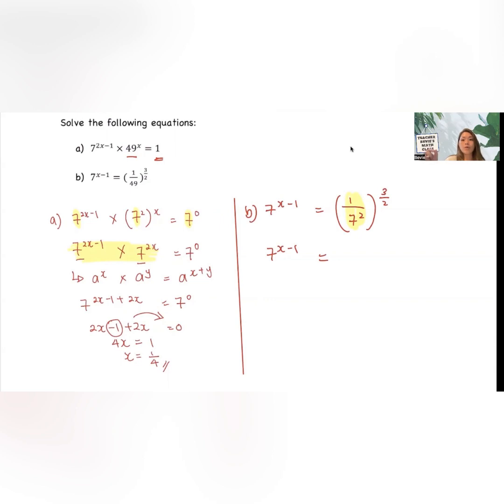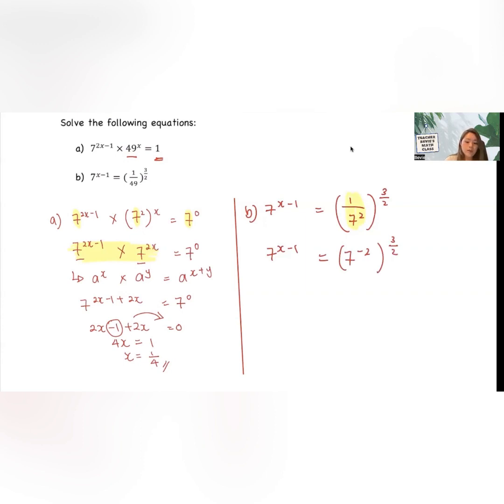Likewise, if I pull a numerator downwards, the sign of the power changes. So this 7 to the power of 2, I pull it up, it becomes 7 to the power of minus 2. Take note, it is the power that becomes negative, not the base. And this 3 over 2 stays the same.